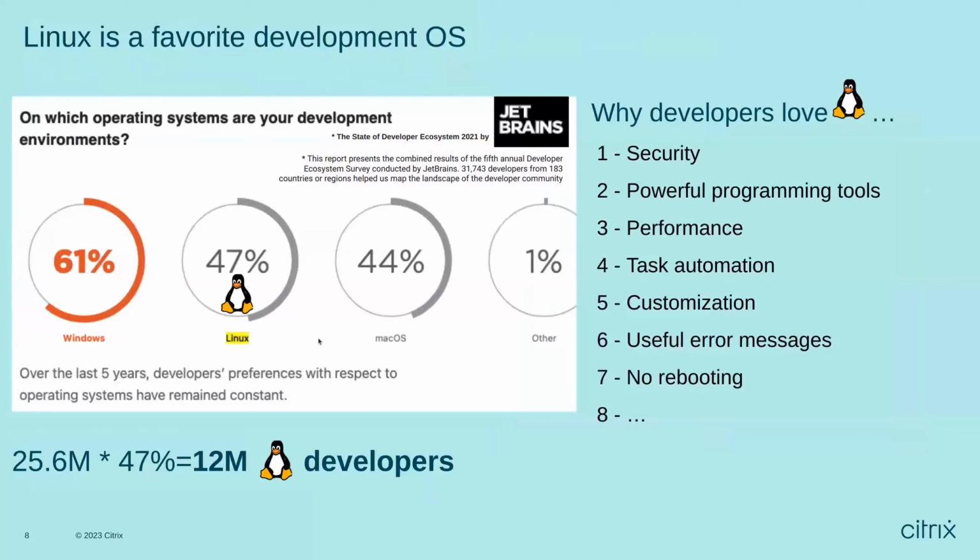And then the rebooting part, right? How nice is it to install software and not have to reboot? And that's including the VDA software as well. We know on the Windows side, it will require one reboot or possibly two if it's a server and you have to install the RDS role. So a lot of great advantages for Linux.